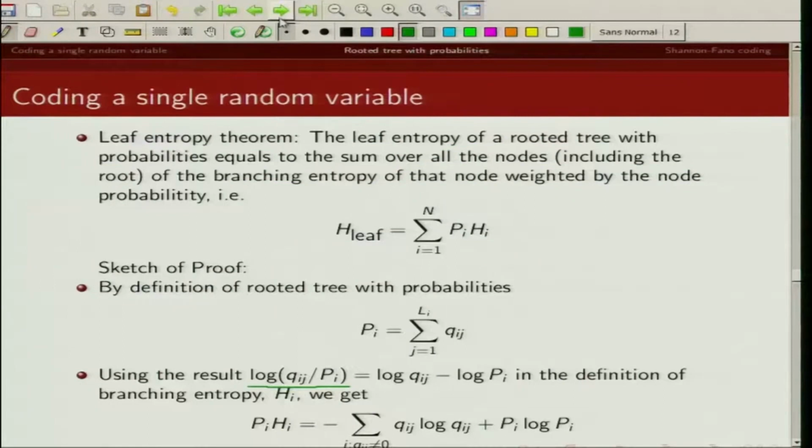So this will be log of Qij minus log of Pi. Now from the definition of branching entropy, if I multiply this by Pi, what I get is Pi Hi, which is given by this expression.